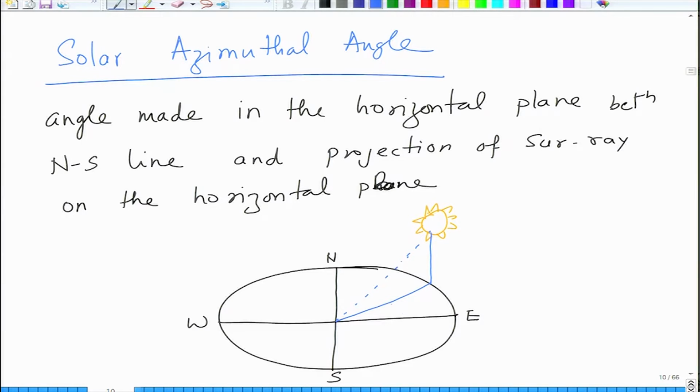This is the projection, this is the north south line, and this is the angle gamma, the solar azimuthal angle. If you are going from east to west, if it is in the east, it goes to plus 90 degrees, and if you go to the west, it goes to minus 90 degrees.